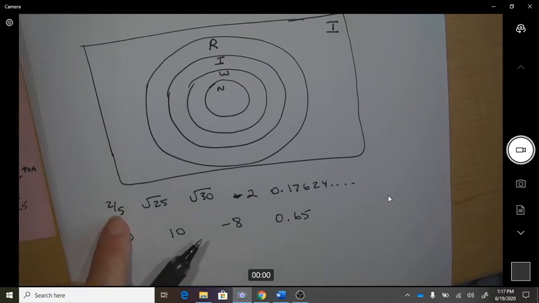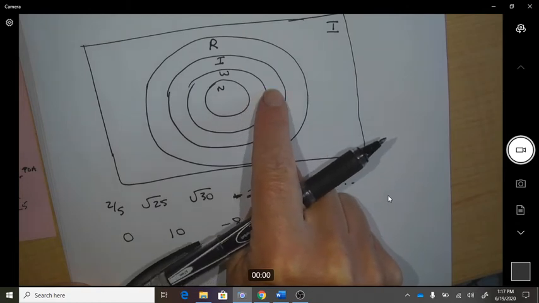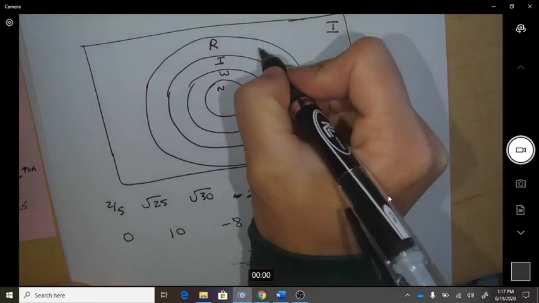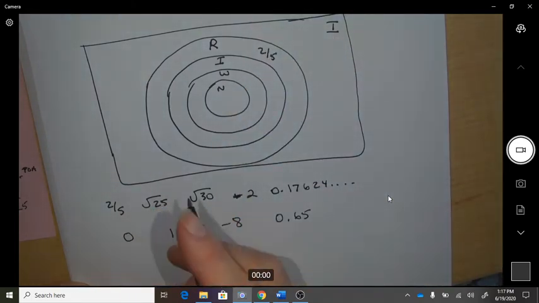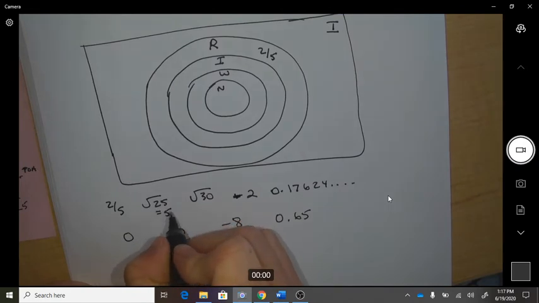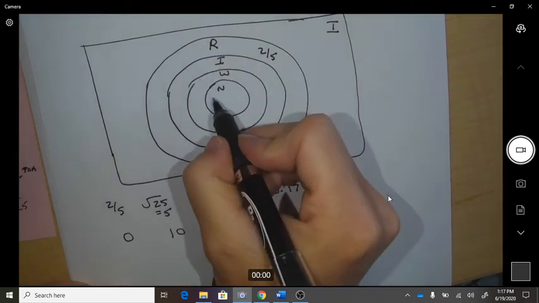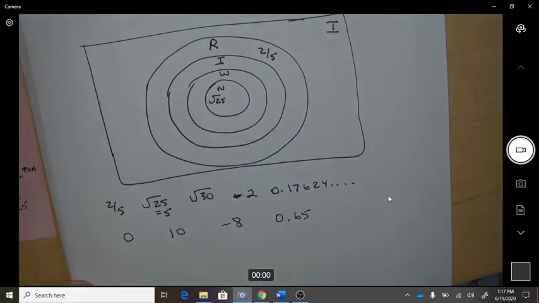So 2/5, does it belong to natural? No. Whole number? No. Is it an integer? No. Is it rational? Yes. Okay, square root of 25, that's actually 5. So is it a natural number? Yes. So it also obviously belongs to all those others as well.